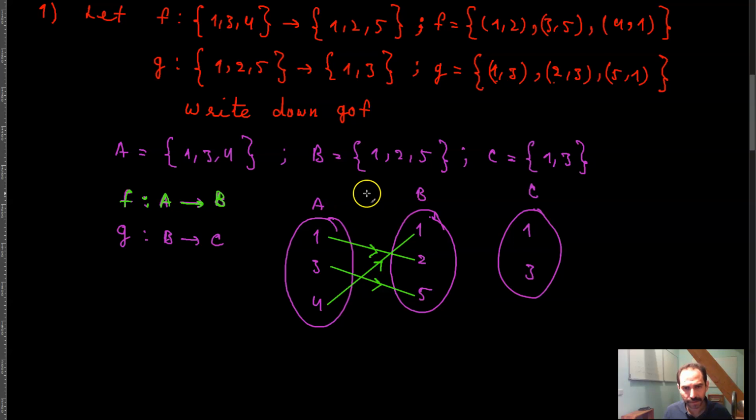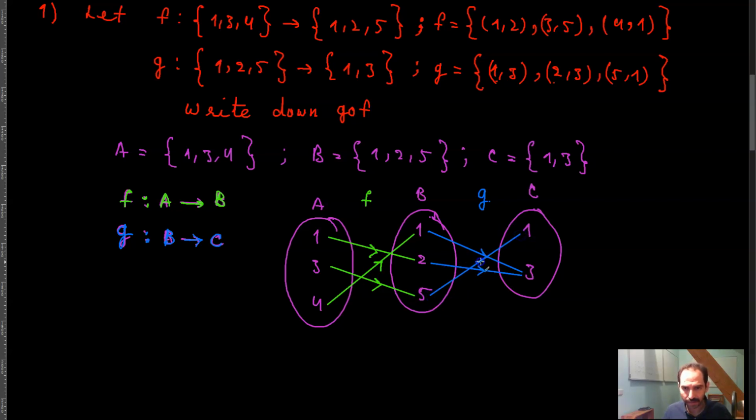This is basically f. Now we also have g, which takes us from B to C. G is this function that takes us from B to C. And so it's basically 1 to 3, 2 to 3, and 5 to 1.